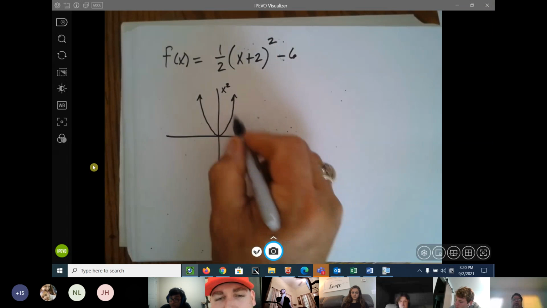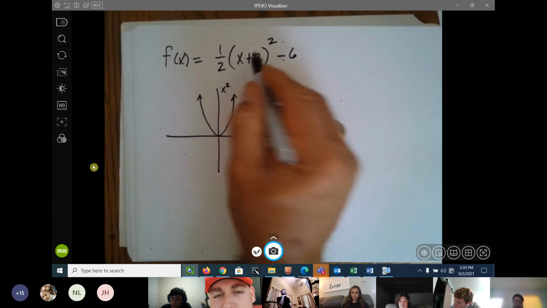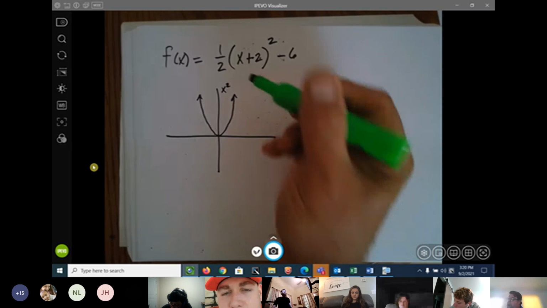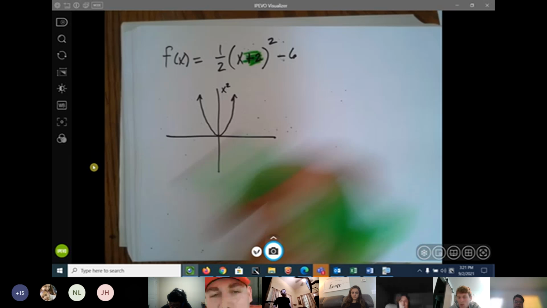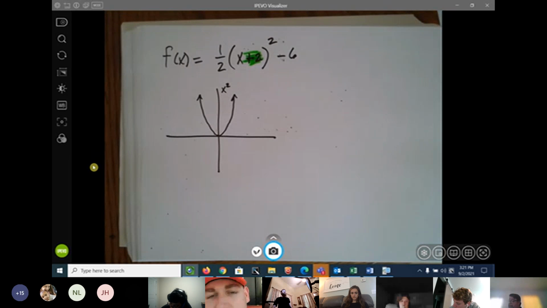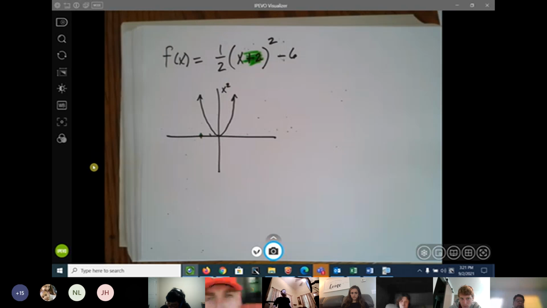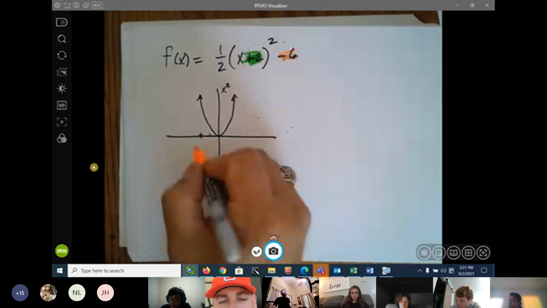That's what a regular parabola looks like. This says 2 places. Let me highlight this green. So that means 2 places to the left. So I'm going to go 2 places to the left, 1, 2. And I'm going to go 6 places down.